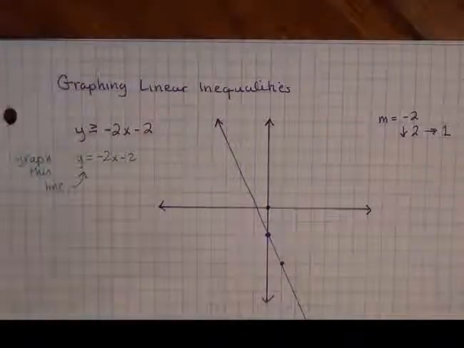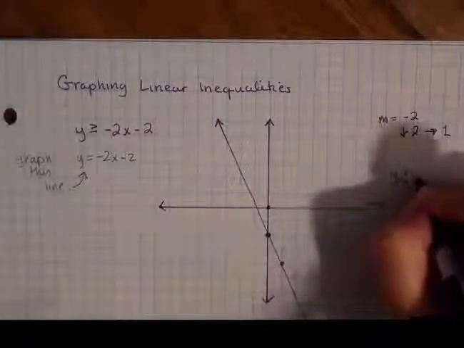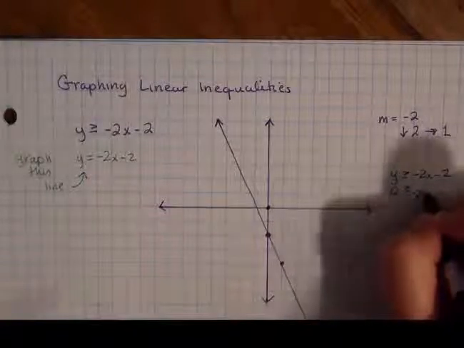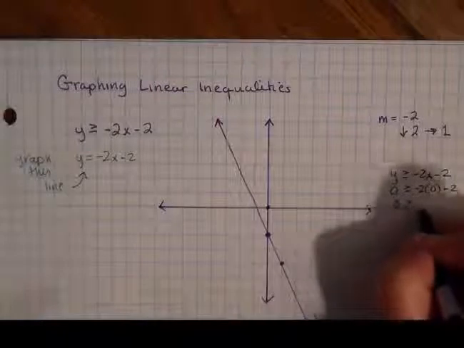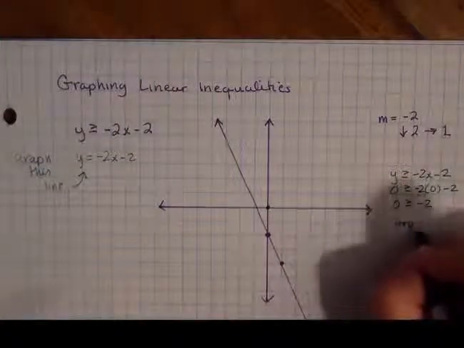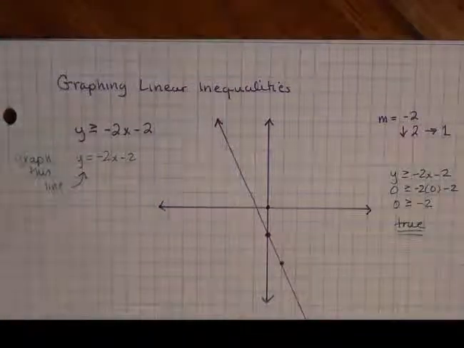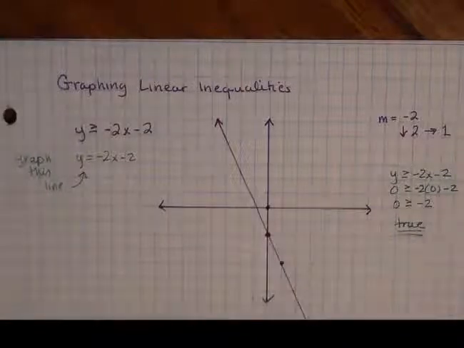Then we plug in that point 0, 0. So I have my equation. I'm going to plug in the point 0, 0. So 0 for x and 0 for y. And I get 0 is greater than or equal to negative 2. This is true. Since I have a true statement, I will shade the side of the coordinate plane that contains the point that I used.